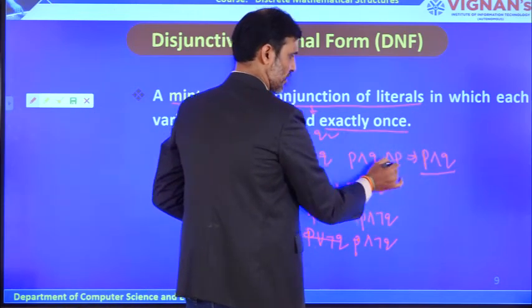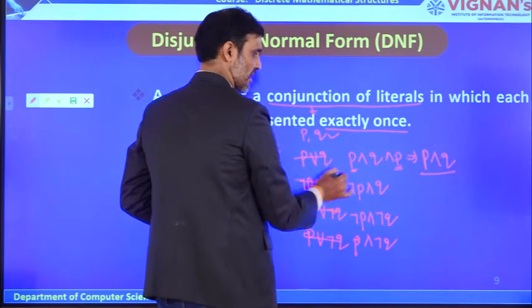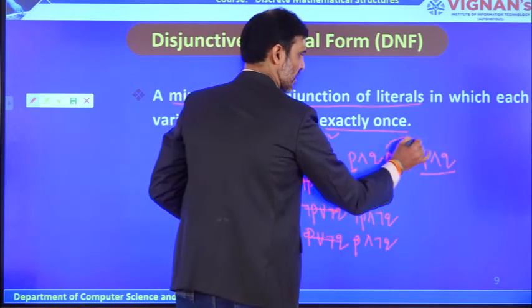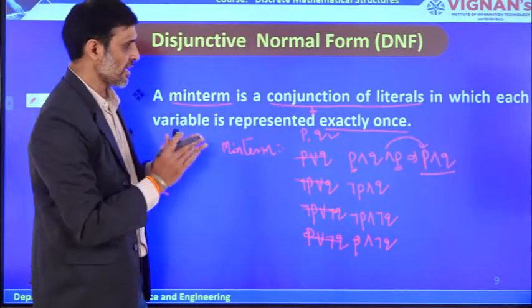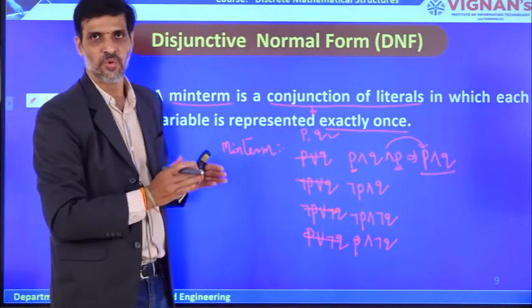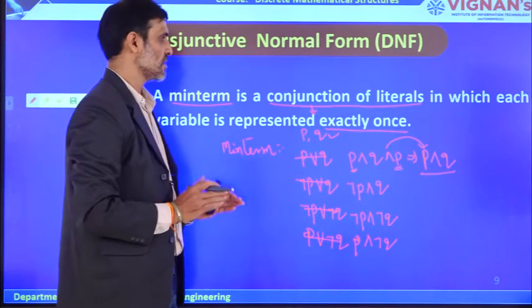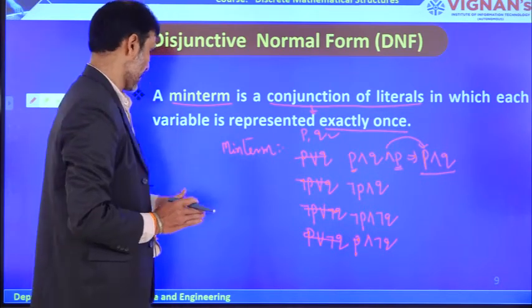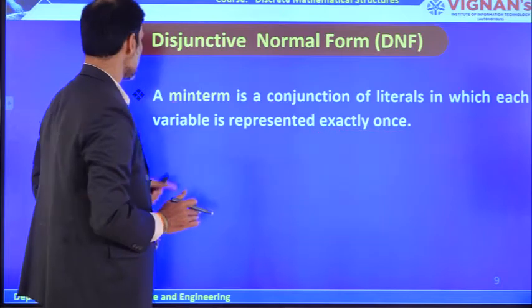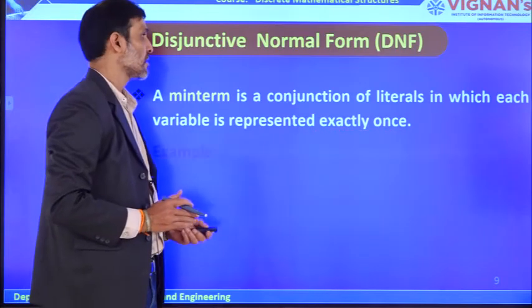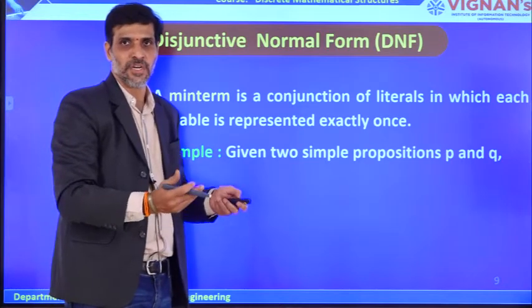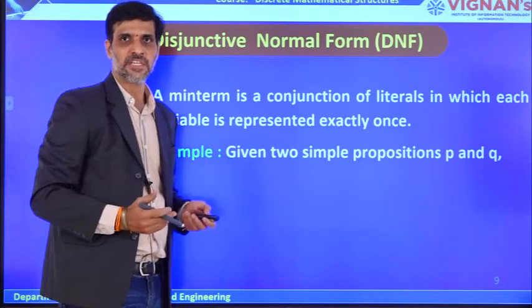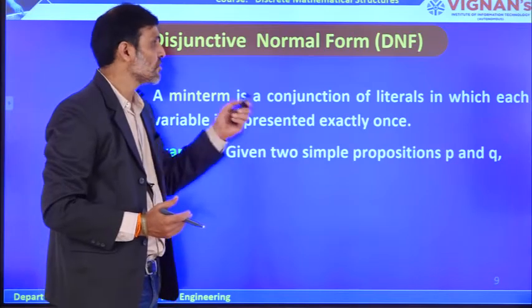Even though it is represented 2 times here, after converting this into the form P and Q, each propositional variable appears only once. So this is what we call a min term. We use these min terms in converting the given compound proposition into the form of a disjunction, the disjunctive normal form.